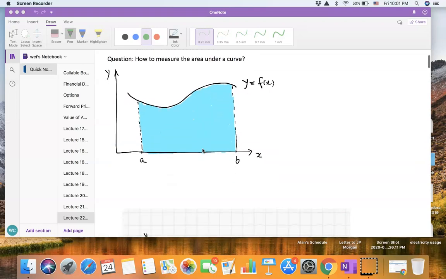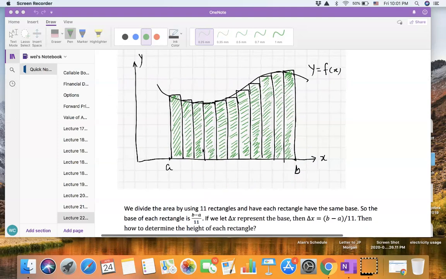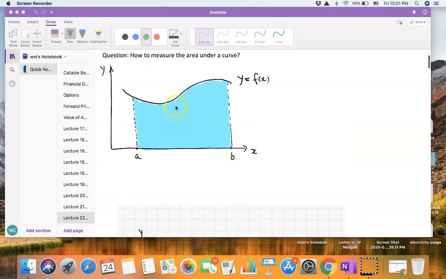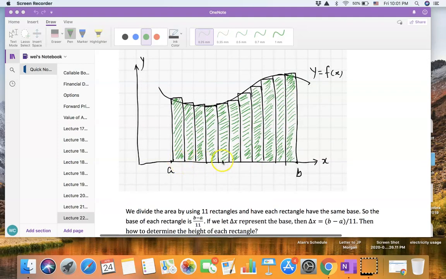Okay, so the idea is I'm going to divide this bounded region by using some rectangles. Like here, I use 11 rectangles: 1, 2, 3, 4, 5, 6, 7, 8, 9, 10, 11.